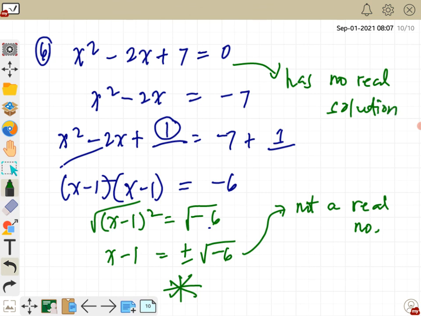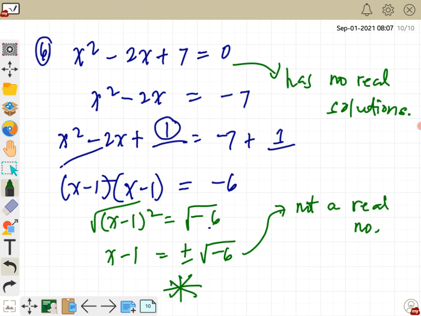The solutions are imaginary. In the number system, we have on top the complex numbers, then real numbers and imaginary numbers. The real numbers are the ones we are used to, and the imaginary numbers are, as examples, the square root of a negative number.